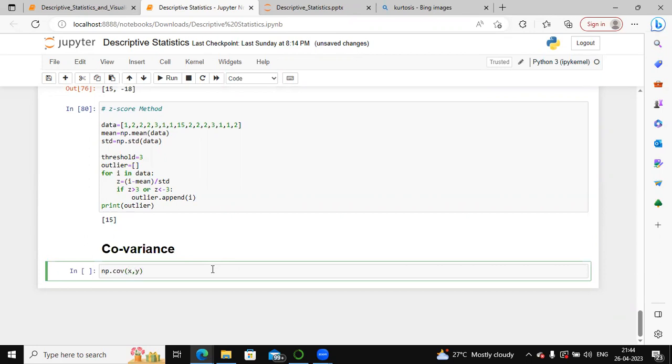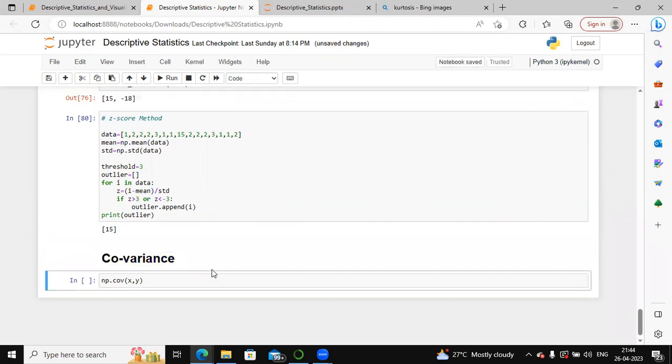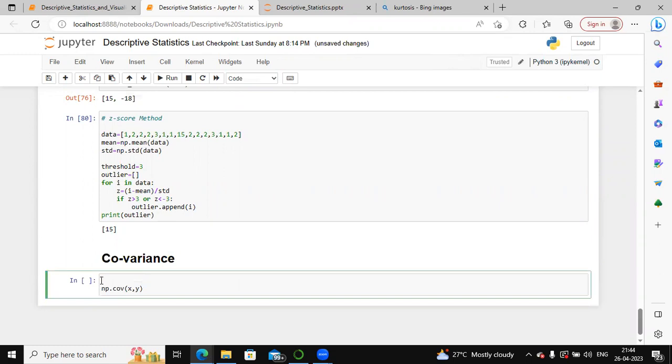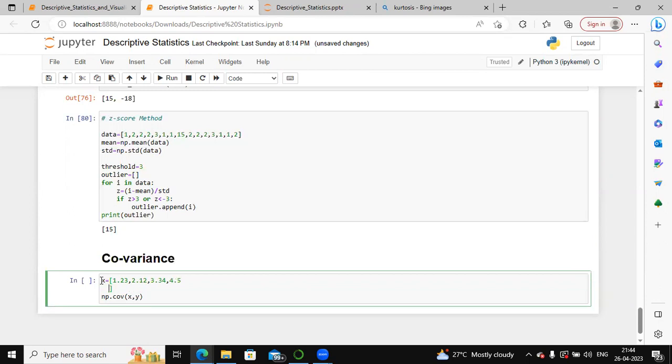Let me take an x value and a y value. So x is equal to, let me take some data points, 1.23, 2.12, 3.34, 4. This is my x variable, and let me take a y variable as well.